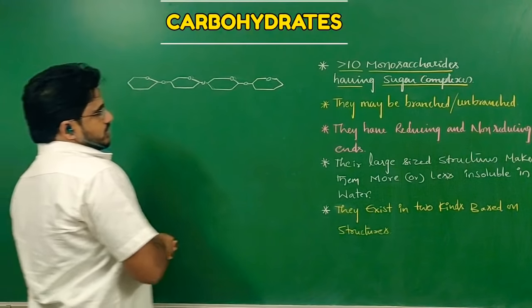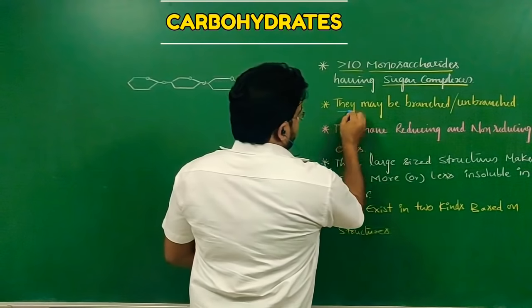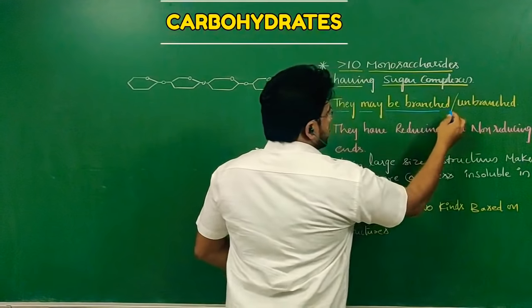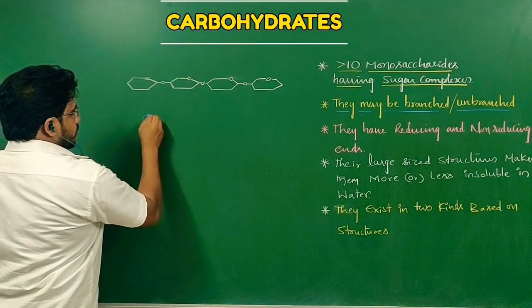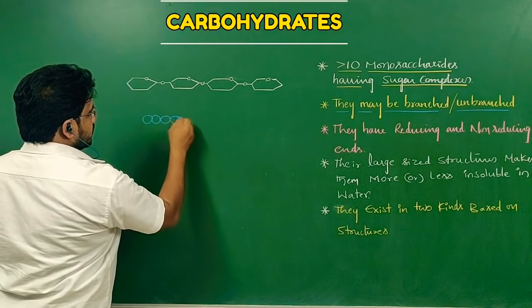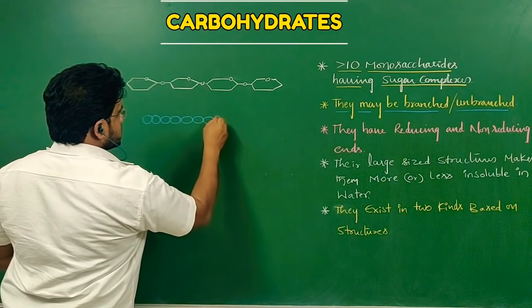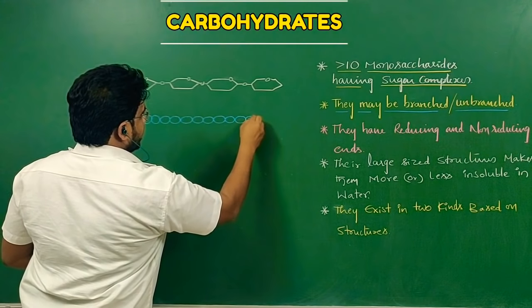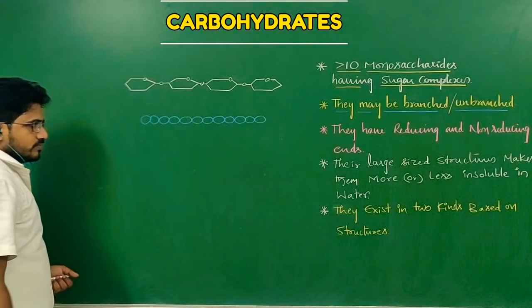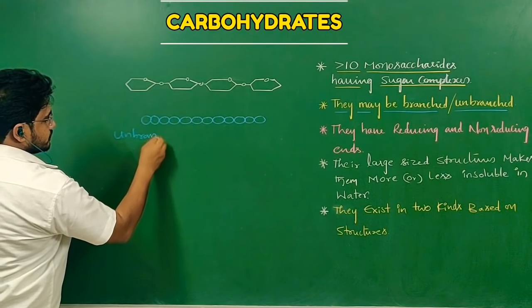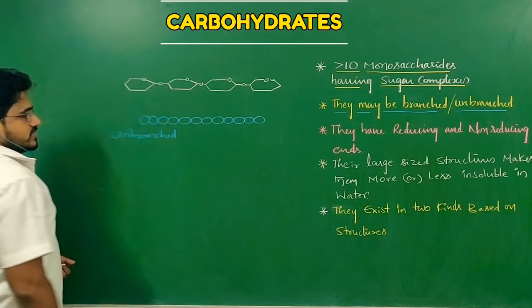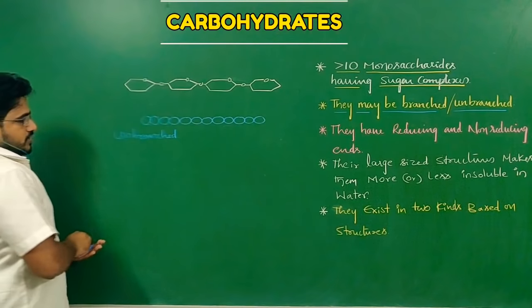That is the definition. Secondly, they may be branched or unbranched. The number doesn't matter. There may be straight, completely linear ones that have only 2 ends. This is called unbranched, whereas some are branched.